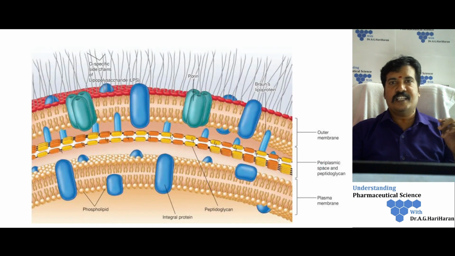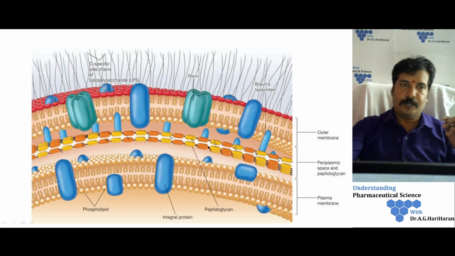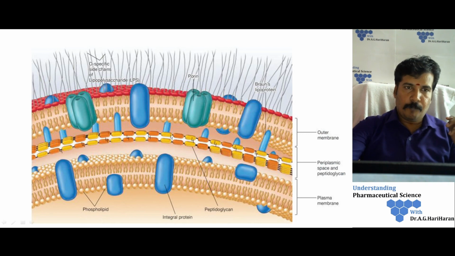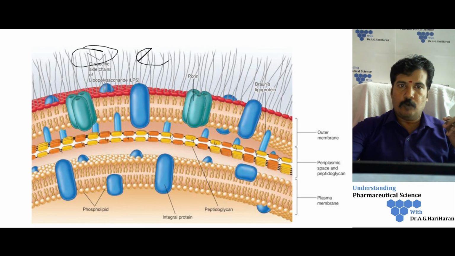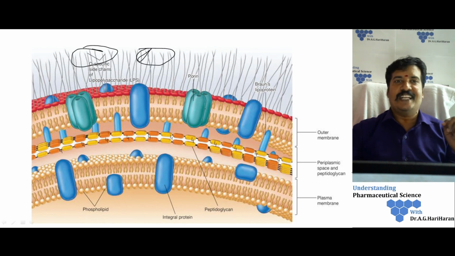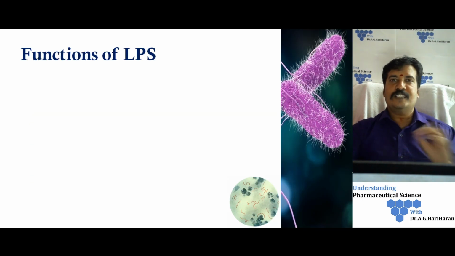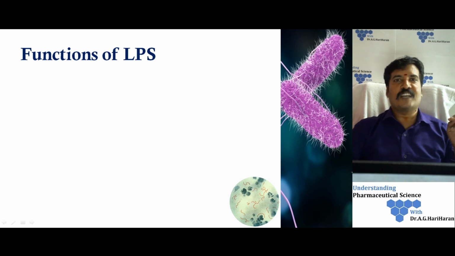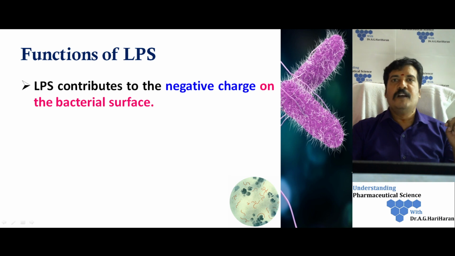The O antigen of this bacteria is very important. So you can see the lipopolysaccharide, the O side chain is projecting outside, which works as an antigenic part.